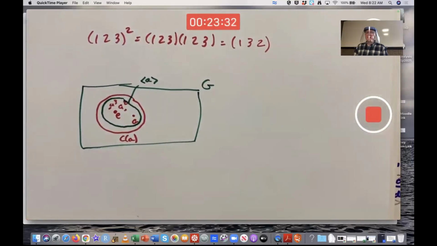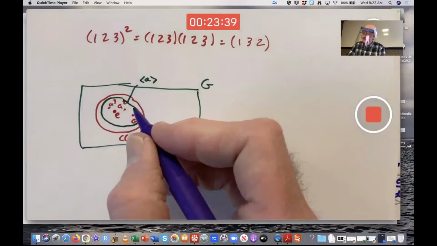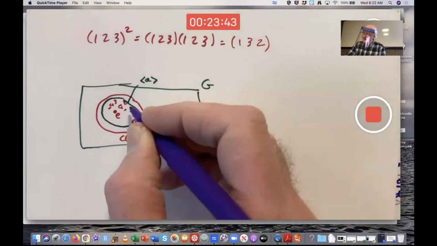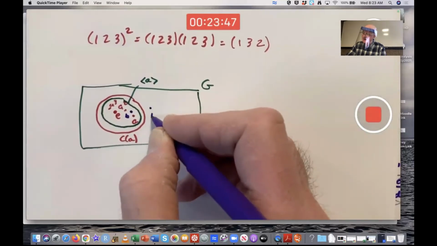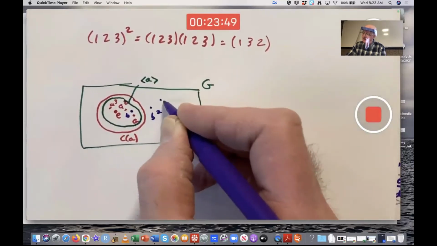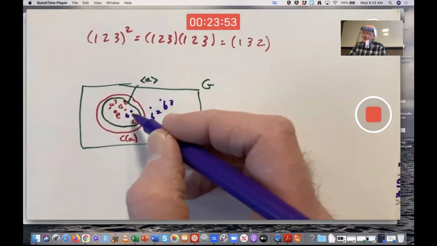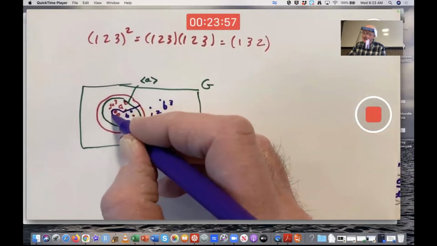But if you got some other element, B, okay, I'm going to draw this kind of funny. Say this is B here, and maybe B squared's over here, and B cubed's over here. The centralizer of B contains all those powers, but it also has to contain E, so we kind of got to snake it in here.